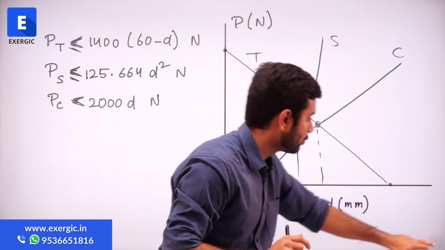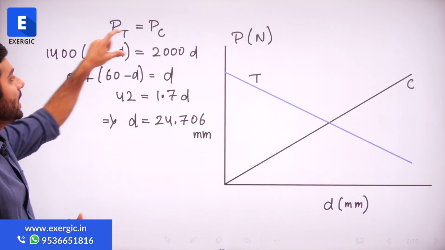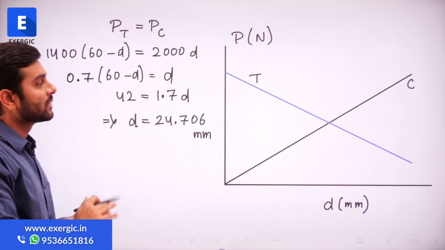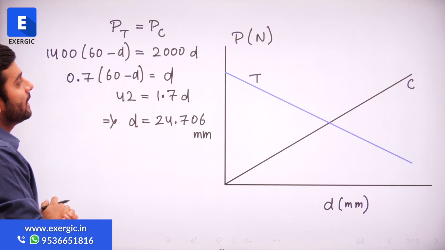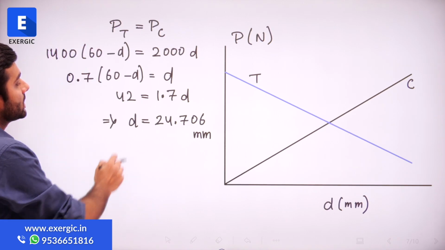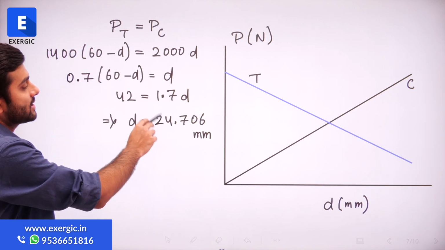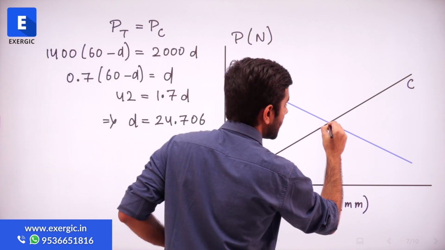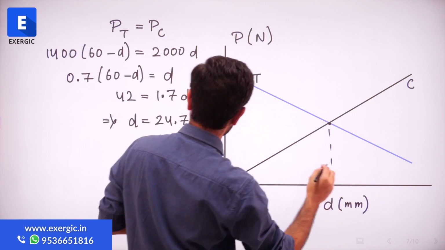It is basics of mathematics, school level mathematics. If we equate both of them, I am not getting into the small calculations, that's why I have done that here. You can do that on your own. If you just solve them, you will get the value of ds as 24.706 mm. I have just equated them. So this point I have got 24.706.